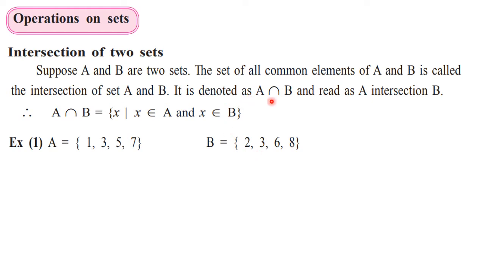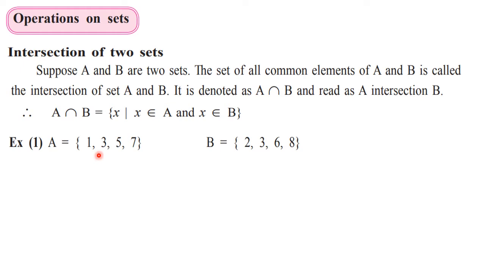It is denoted by this symbol, A intersection B. It's a reverse U-like symbol, and we read it as A intersection B. So in rule method we can write down the intersection set of A and B. That is, A intersection B is a set of all x such that x belongs to A and x belongs to B. That means x should be an element of both the sets A as well as B. Or in short, you have to keep in mind the set of common elements.